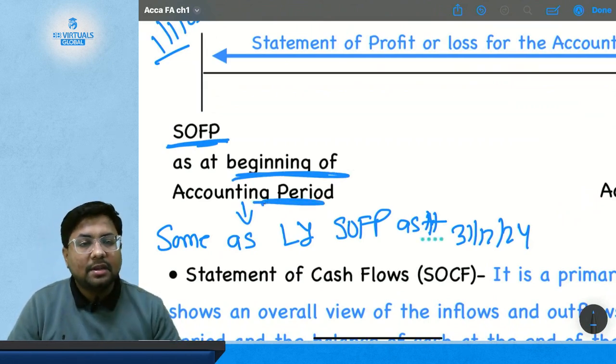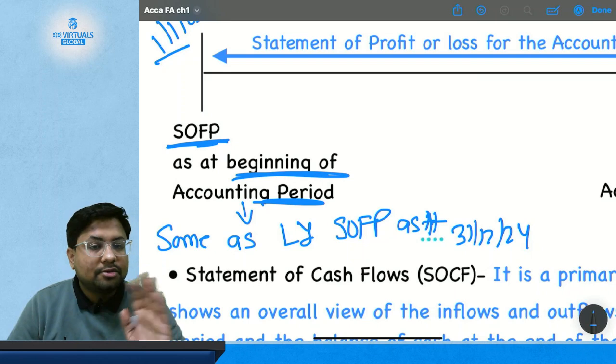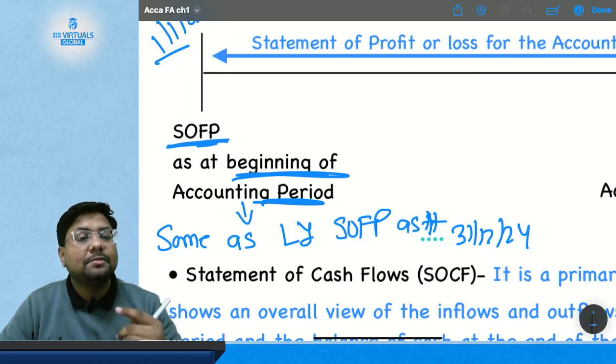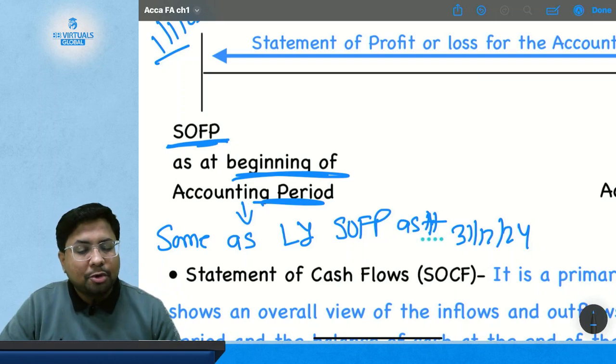So when I say beginning, that means just the accounting period has started, and what is my financial position at just the start of the period, not at the end of that day. I am not saying what is my statement of financial position at the end of 1st of January. I am saying what it is at the beginning of 1st of January 2025.